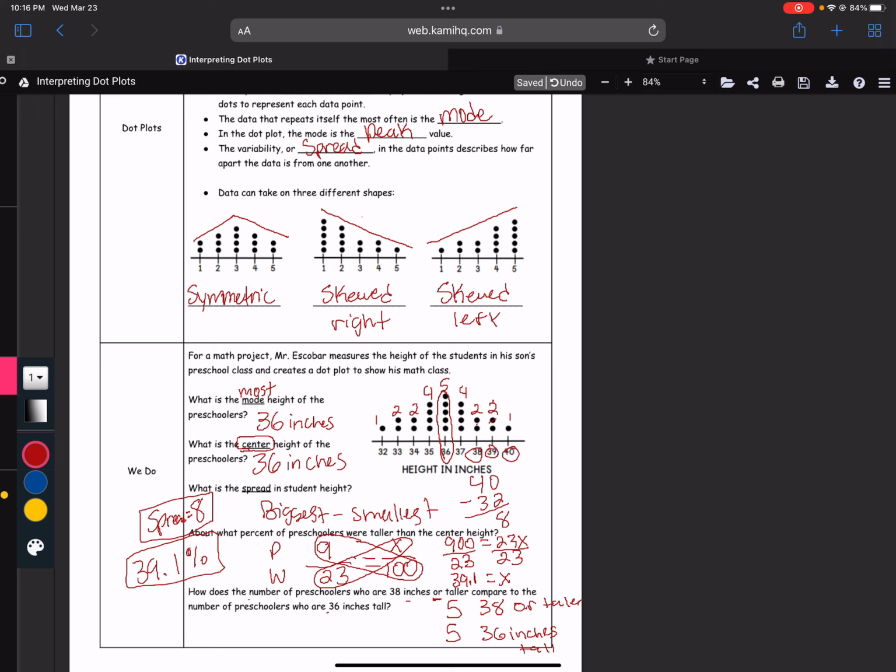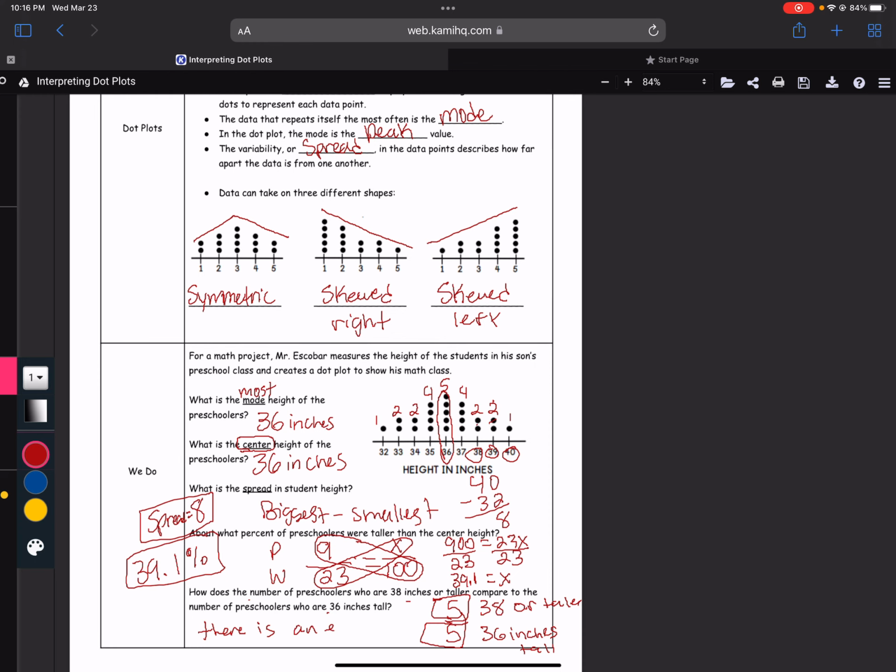So from there, we can conclude that if you notice here, there are 5 students that are 38 inches, and there are also 5 students that are 36 inches. So our conclusion becomes there is an equal amount of students.